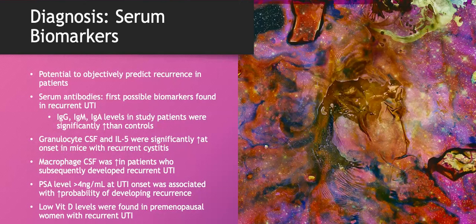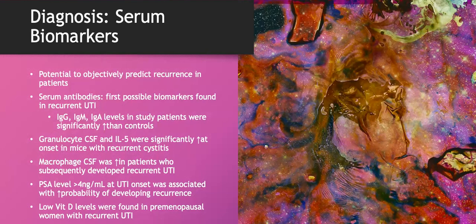There's also granulocyte colony stimulating factor and interleukin-5, which were also found to be significantly increased at onset in mice with recurrent cystitis. There's also macrophage colony stimulating factor, which was found to be increased in patients who subsequently developed recurrent UTI.